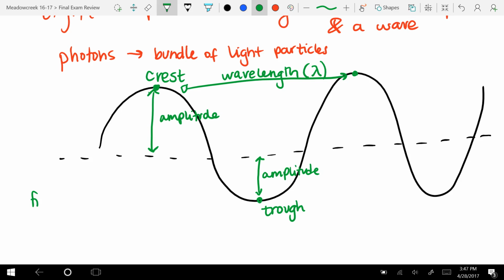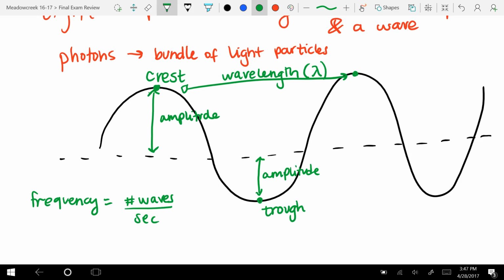Frequency measures the number of waves per second. So that means if you have a long wavelength, you're going to have a low frequency, because you're not going to have as many complete waves pass. Whereas if you have a short wavelength, you're going to have a high frequency.